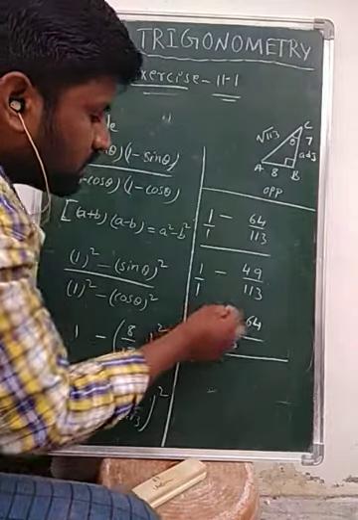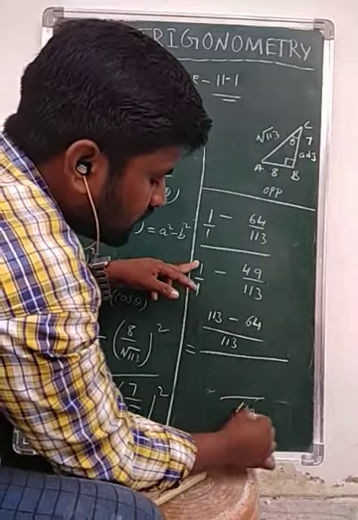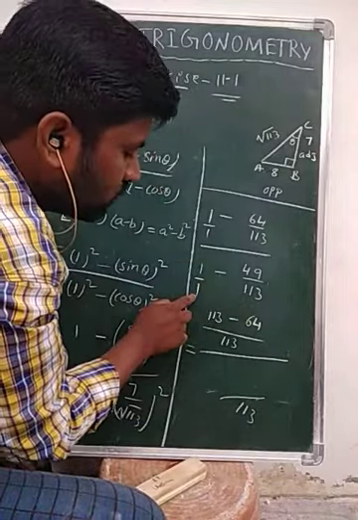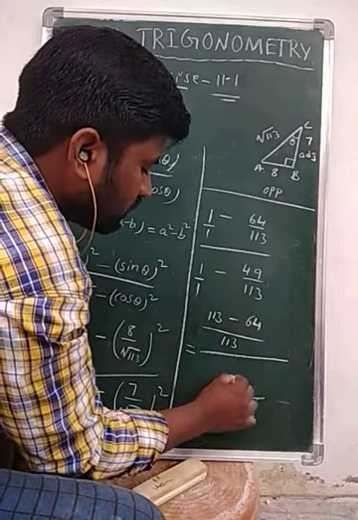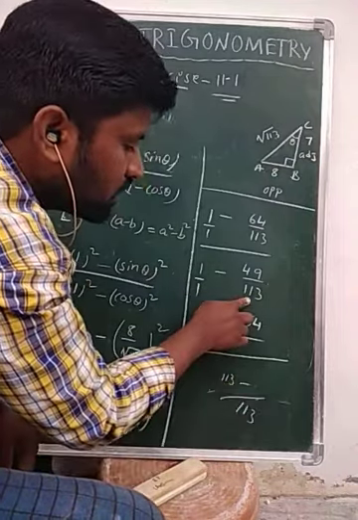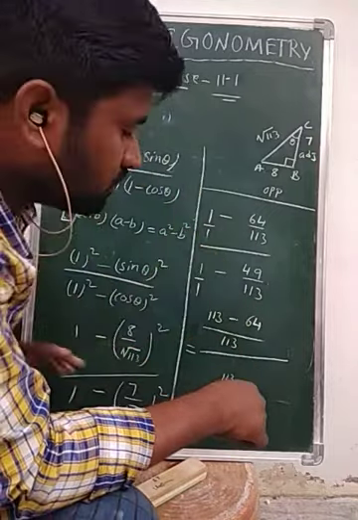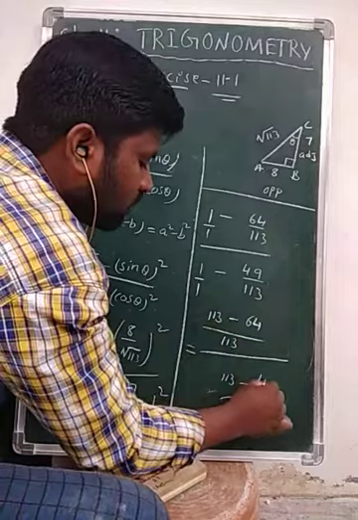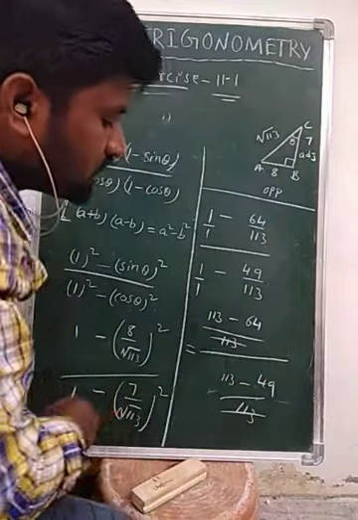Now here also, same as usual, the LCM we get is 113, and 113 times. So 113 into 1 is 113, minus 113, in this LCM 113, one time. So that's why 1 into 49, 49. So clearly 113 and 113 cancel.